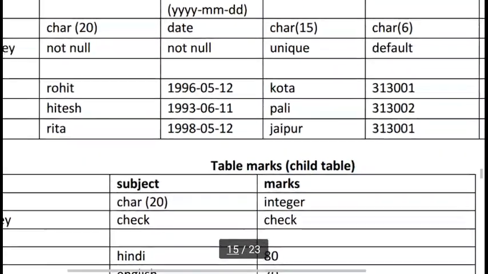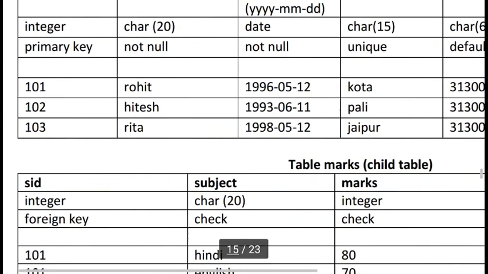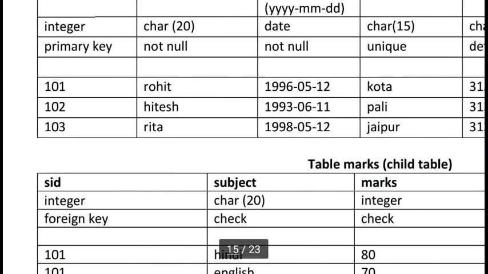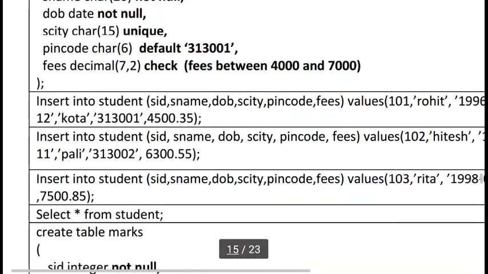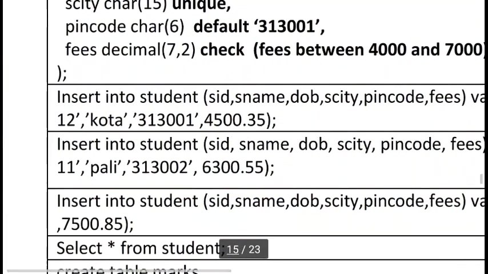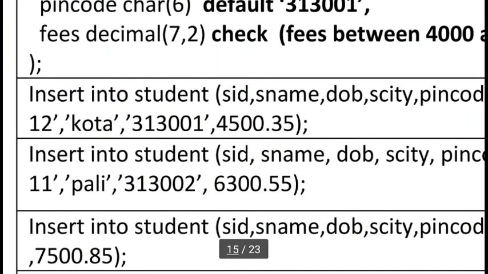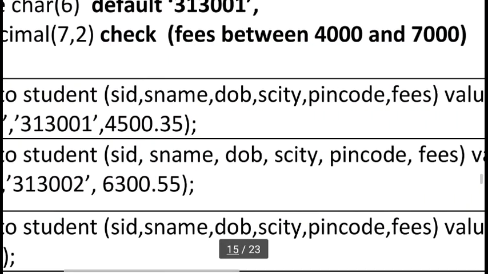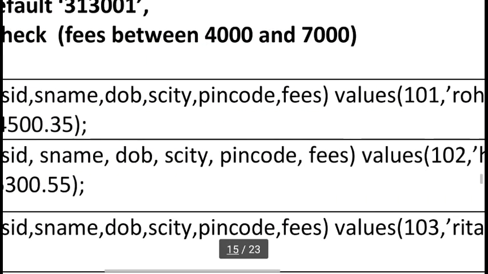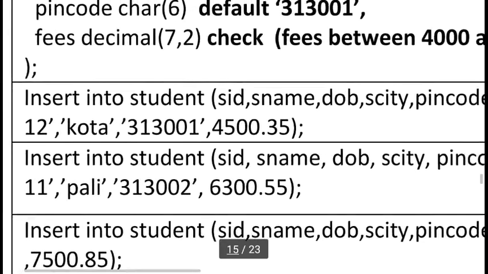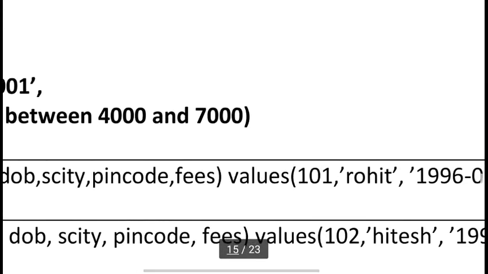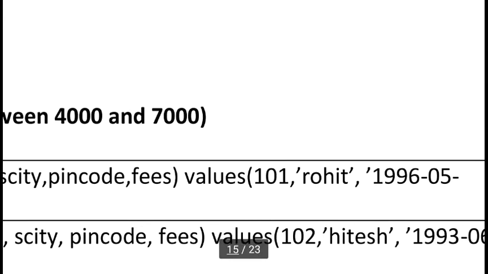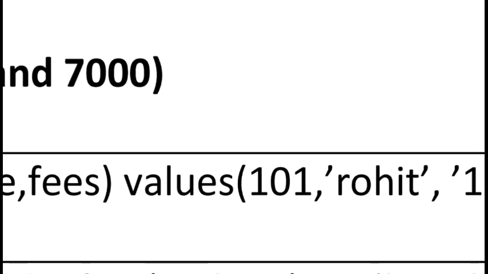Okay, suppose I want to insert these records: 101 Rohit with date of birth and so on, 102 Hitesh with these details, and 103 Rita with these details. So here I am using the INSERT command. INSERT INTO student, okay, SID, SNAME, DOB, SCT, PINCODE, FEES. We know the column names very well, and then we use the values one by one. Integer and decimal we can use directly without single quotes.